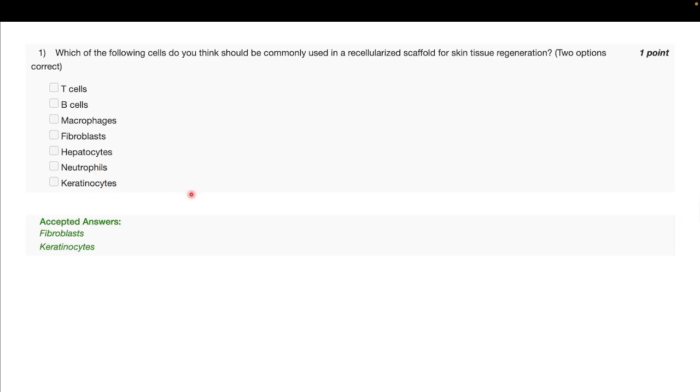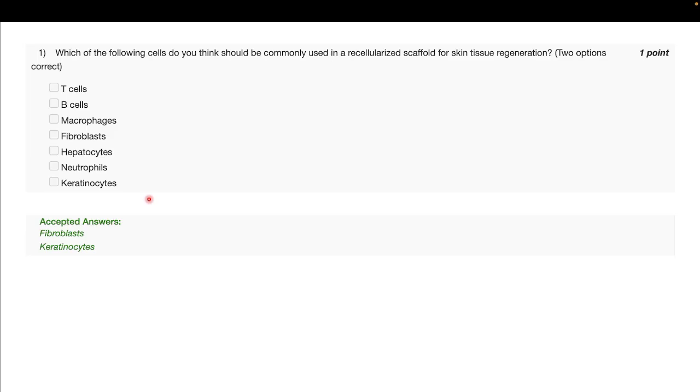Somebody trying to do skin tissue regeneration doesn't want immune cells in this. We want cells which are already present in the skin tissue. These are nothing but your fibroblasts and keratinocytes. Hepatocytes are nothing but liver cells. We don't want them in the skin tissue regeneration, right? So the correct answer is fibroblasts and keratinocytes, because these are the cells that make up the skin tissue.